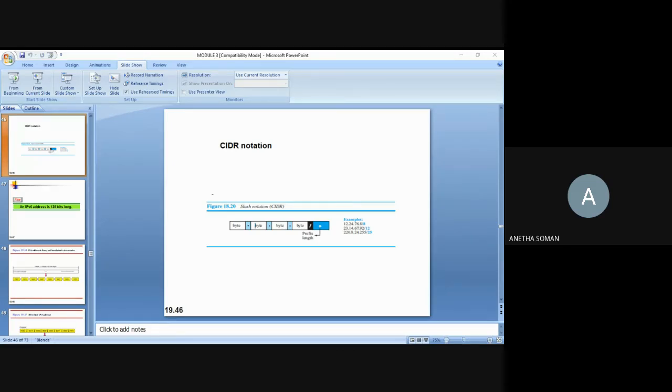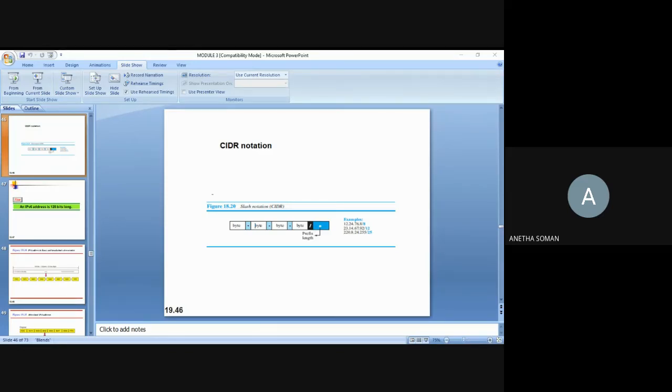This means that from the 32 bits, you can identify which class each address belongs to. Class A has this fixed size, class B has this many. You have to remember the decimal range or the binary range of each class. That is very, very important.